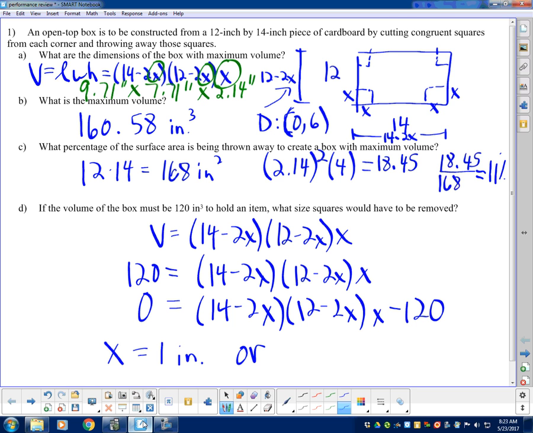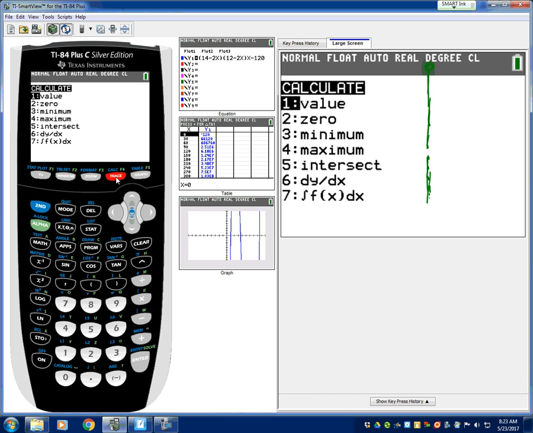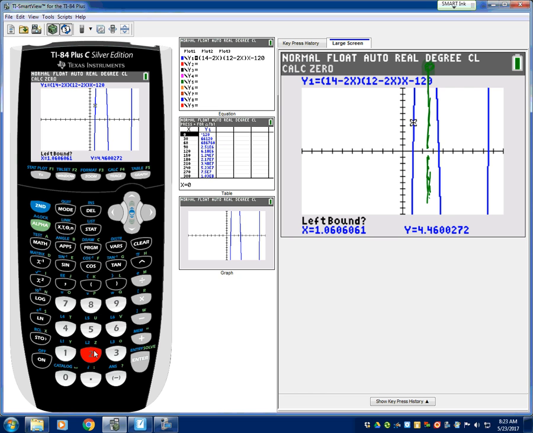Or if you look at the graph here, there's one more. So we're going to do this again. Second, calculate, 0, and left bound. That'll work as a left bound. We need a right bound that's below this other crossing of the x-axis here. You can see there's a third crossing, but we're not going to worry about that.